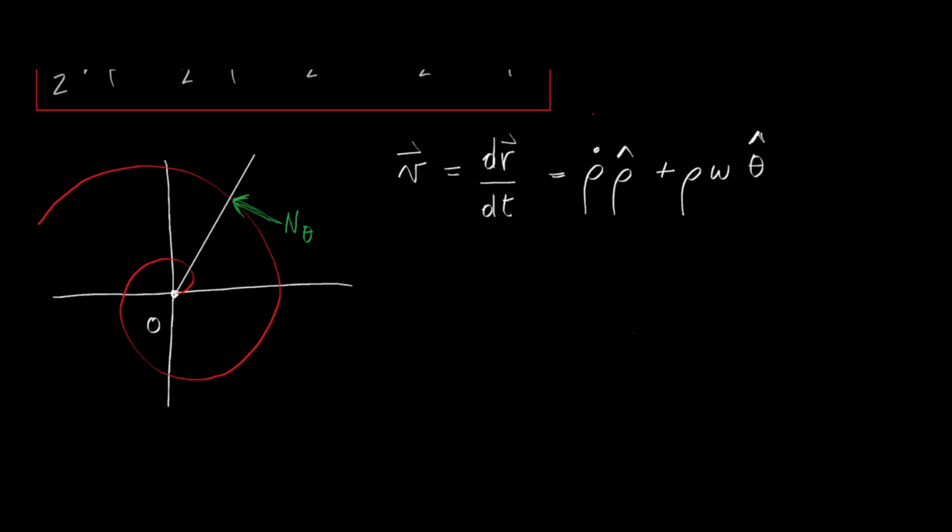In other words, the elemental displacement of the mass, dr, is equal to rho dot dt in the radial direction plus rho omega dt in the transversal direction.